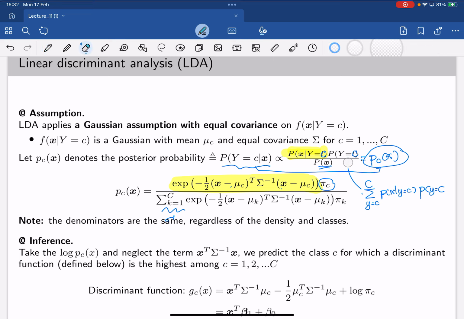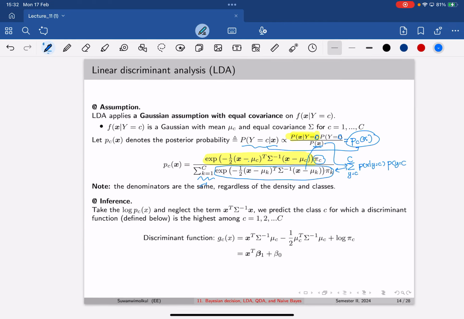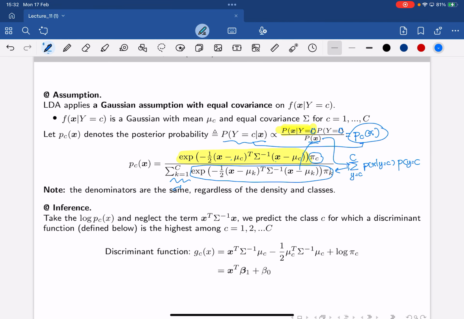When you marginalize that out, that becomes the probability of X, and that is this term here. So below here is simply the way you compute the probability of X. What happens if we compare two terms, say the probability of Y equal to C versus the probability of Y equal to L? You have to start decomposing what's going on inside. But we don't want to consider the denominator term, so we only consider the term up here.